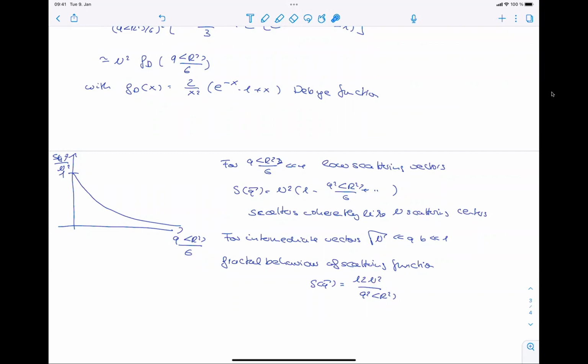So we have a self-similar behavior at the intermediate range.